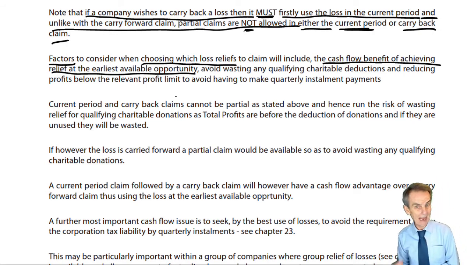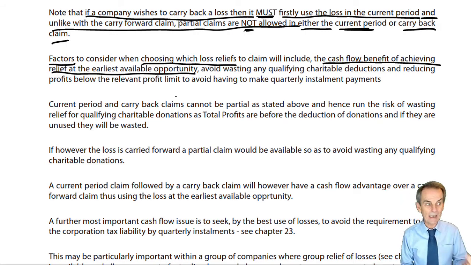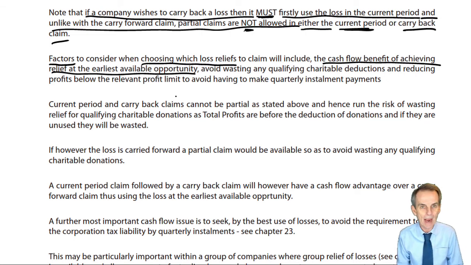But we've already paid that tax charge, so we'll claim a repayment. We'll get our money back. Now, in terms of cash flow, it doesn't get any better than an immediate repayment of tax we paid for the earlier period. Clearly worst in terms of cash flow is the carry forward.